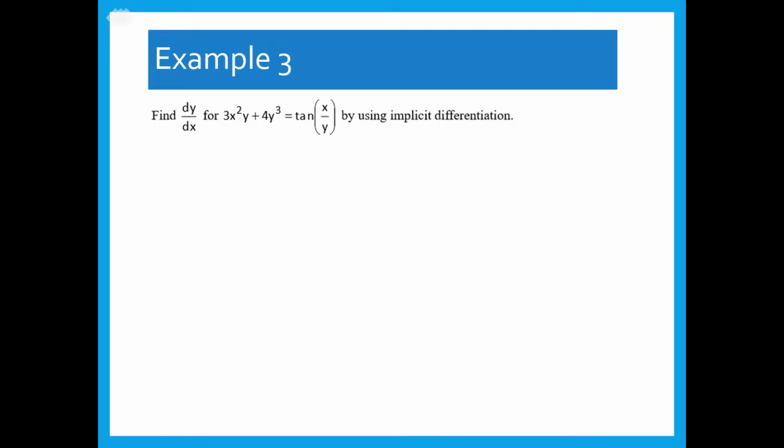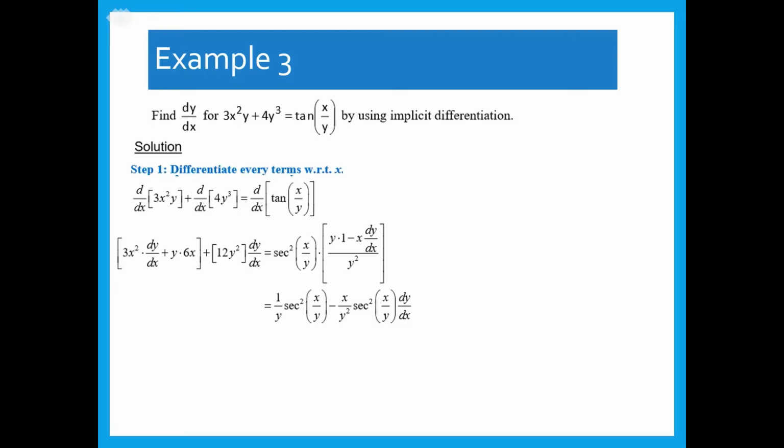Refer to example 3. You need to find dy over dx of the given equation using implicit differentiation. To find dy over dx, first differentiate every term with respect to x. Differentiate 3x squared y using product rule. The answer is 3x squared dy over dx plus 6xy.